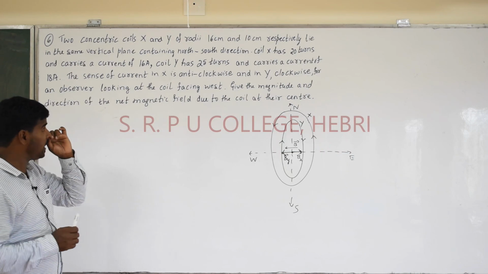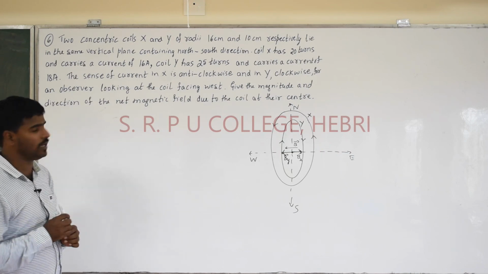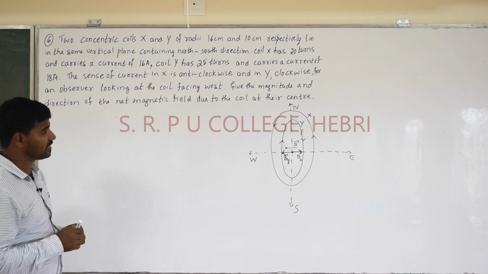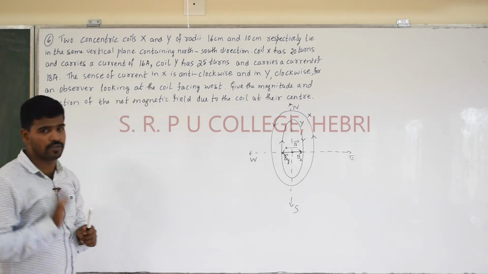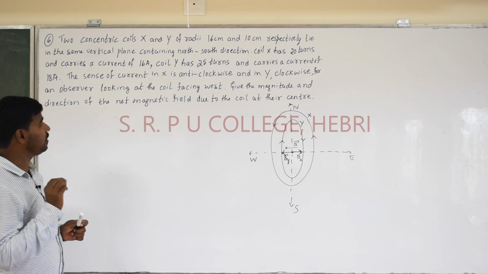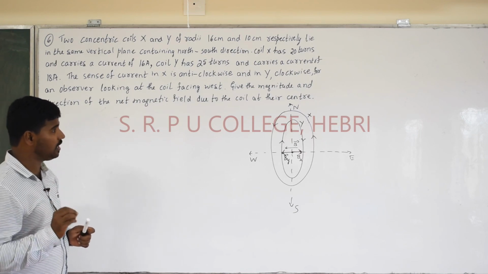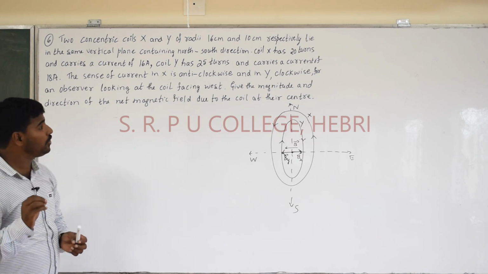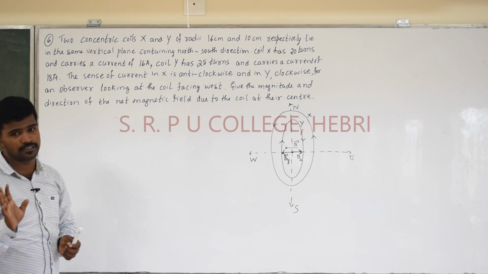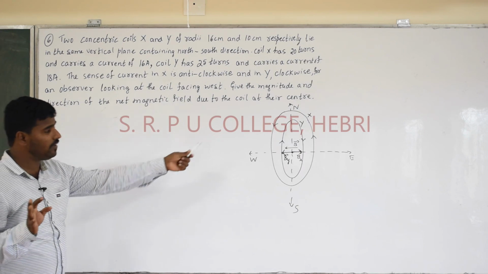The sense of current in X is anticlockwise and in Y is clockwise for an observer looking at the coil facing west. Give the magnitude and direction of the net magnetic field due to the coils at their centre. This is the question. For that we will draw a diagram.